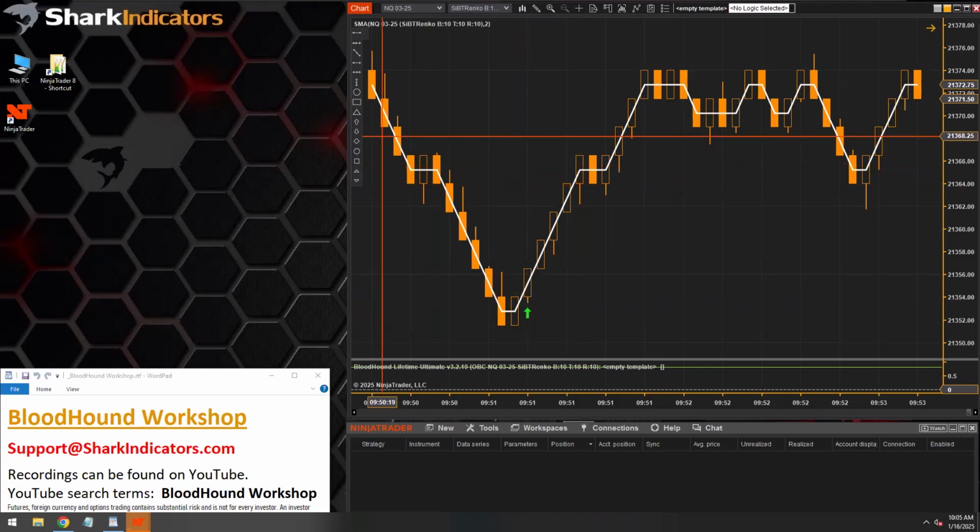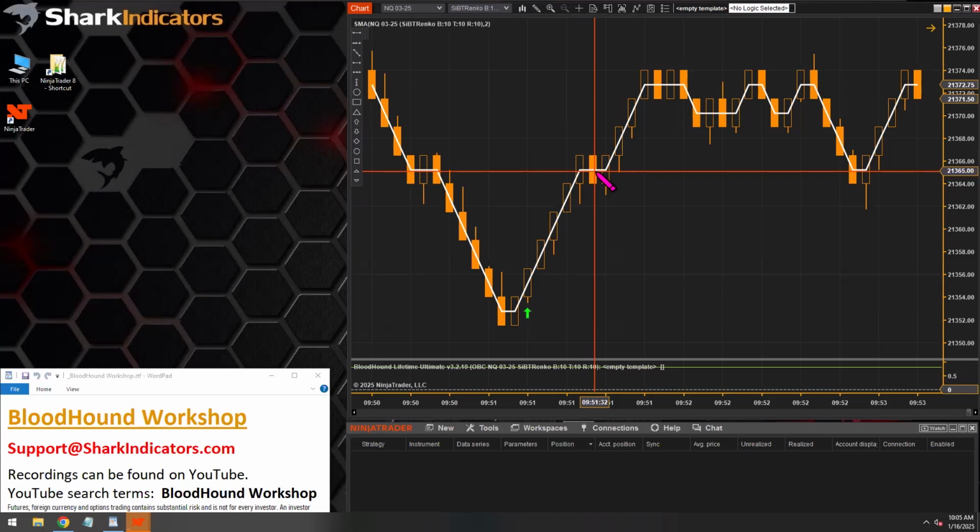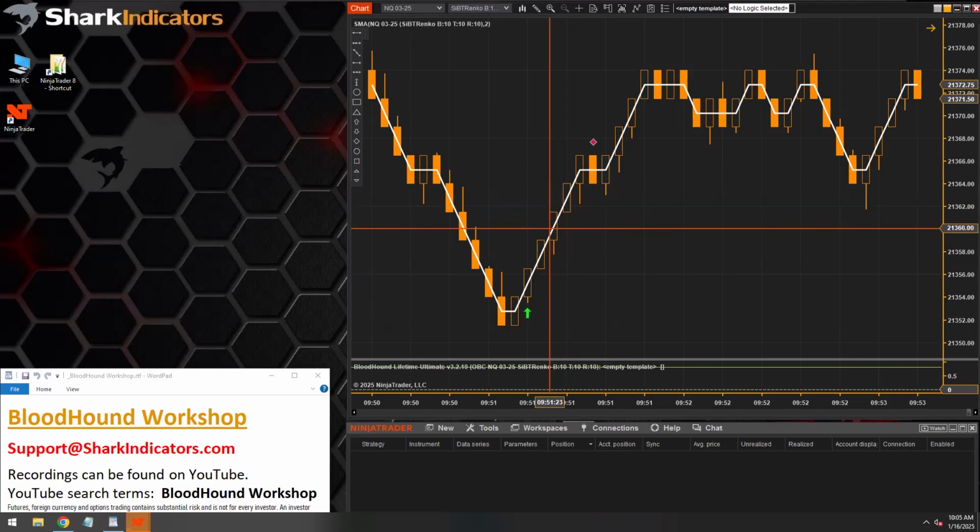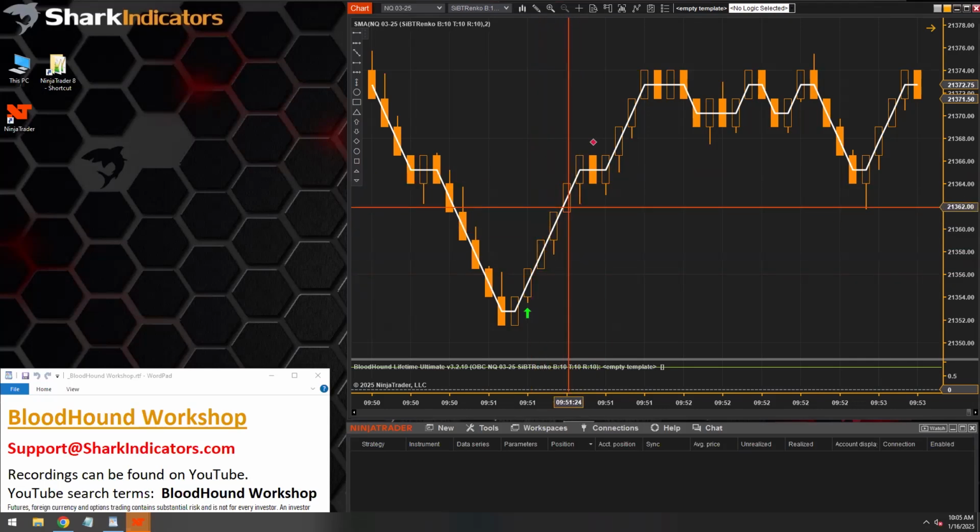And then when the SMA flattens out like so, then we'll generate an exit signal to flatten the long position.